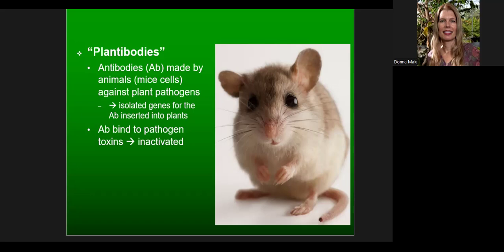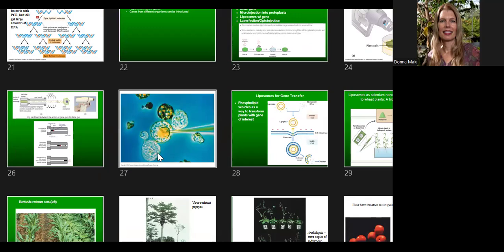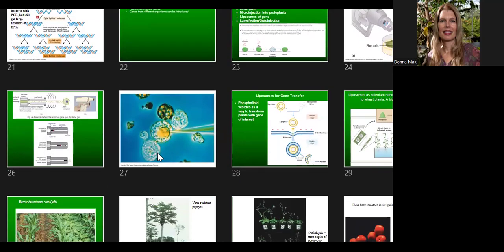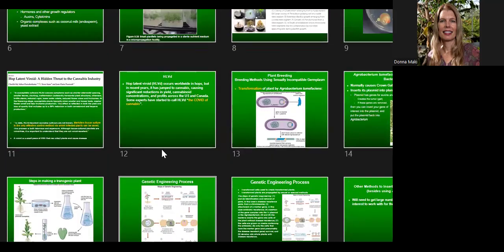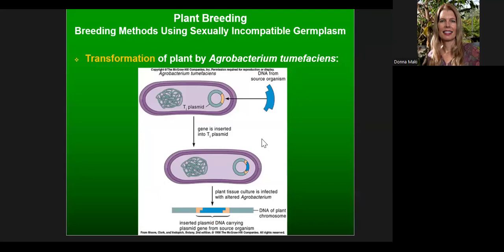Yes. And so, one thing about genetic modification, let me go back to where is it? Where did it go? Oh, here. Where it says breeding methods using sexually incompatible germplasm. So that's basically the idea of genetic modification.